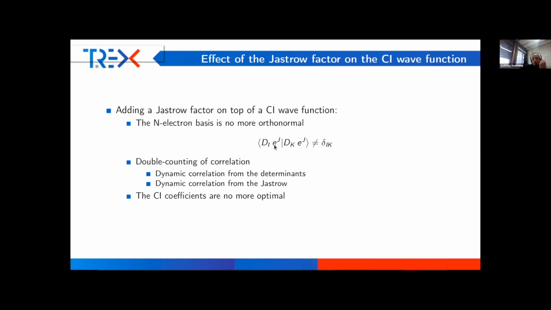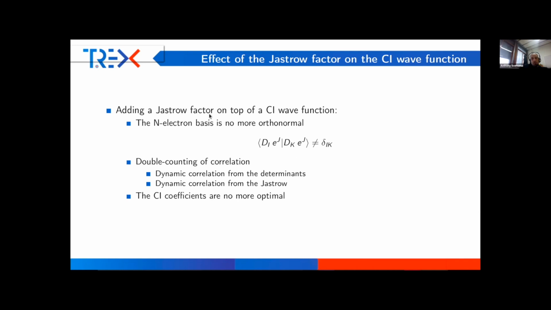And introducing the Jastrow factor here means that your basis of N-electron functions is not orthonormal anymore because of the Jastrow. So this makes the calculations more complicated, because you need to sample the overlap matrix, and when you solve the Schrödinger equation in this basis, you need to take into account the overlap of the basis functions.